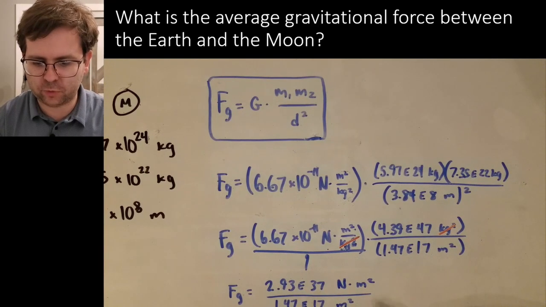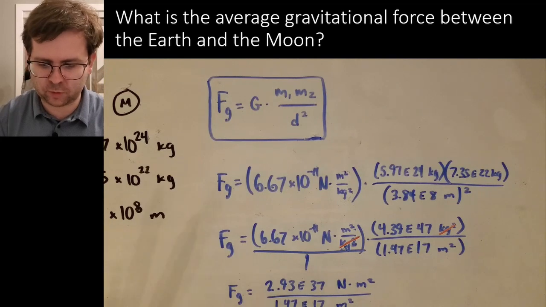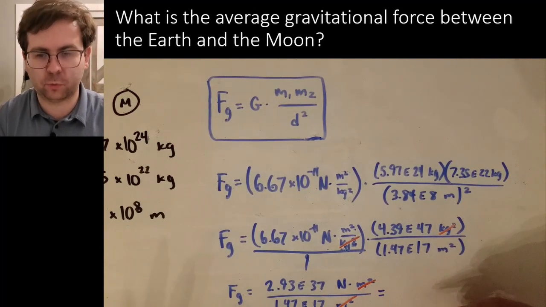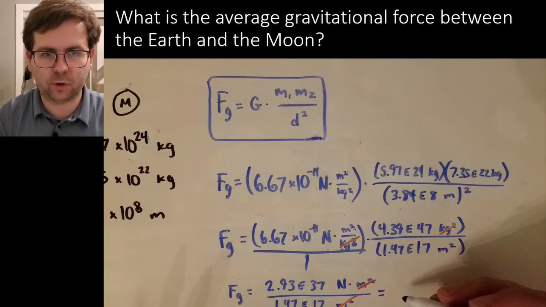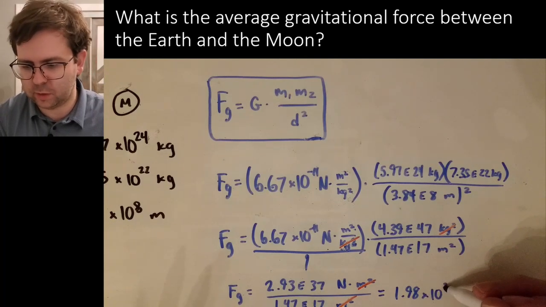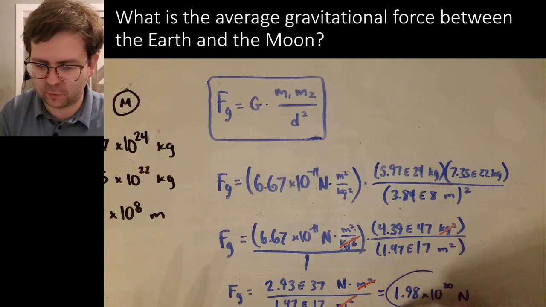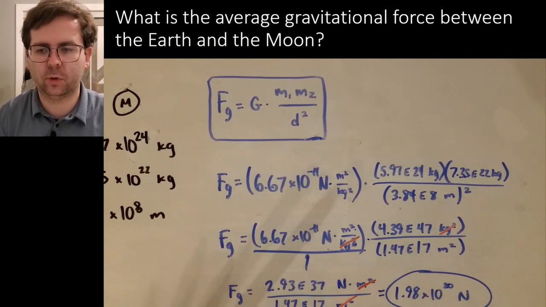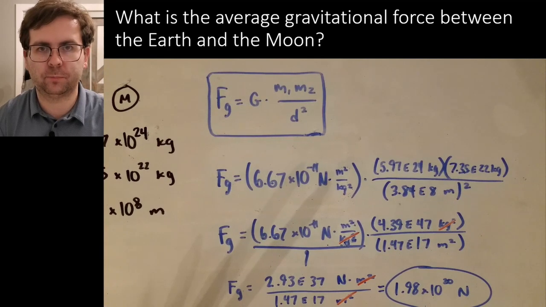So I'm left with this, and now I can just divide these two numbers right here, and the meters squared cancel out. It leaves me with newtons, which is what I would like for a force. And so my force here is 1.98 times 10 to the 20 newtons. So that is the average gravitational force between the Earth and the Moon.